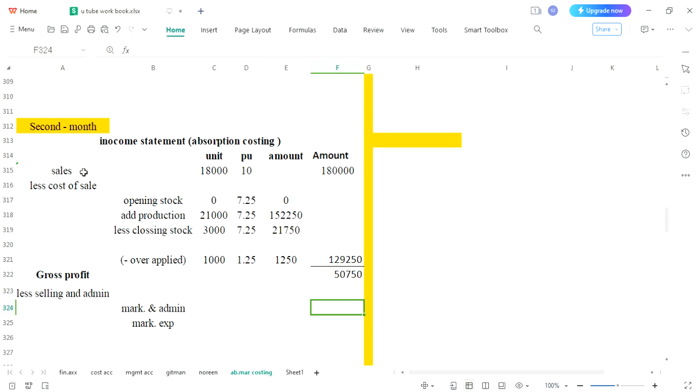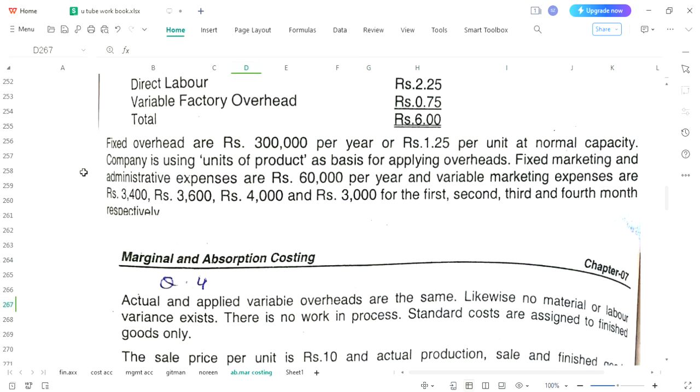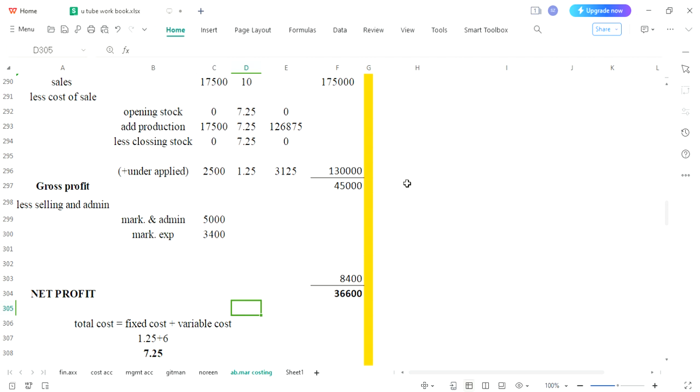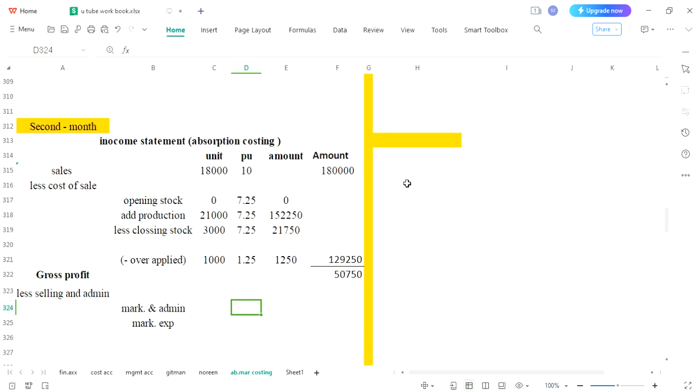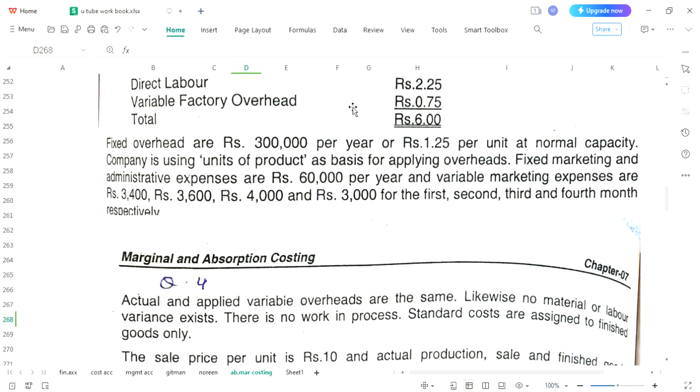Now marketing and admin expenses, as usual we will do the same. 60,000 is given as marketing but per year, and the same procedure: 60,000 was given for the full year, but we need it for 1 month, so divided by 12 we have got per month. And second month variable marketing expenses is 3,600.